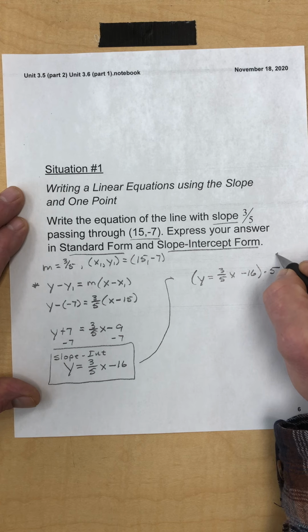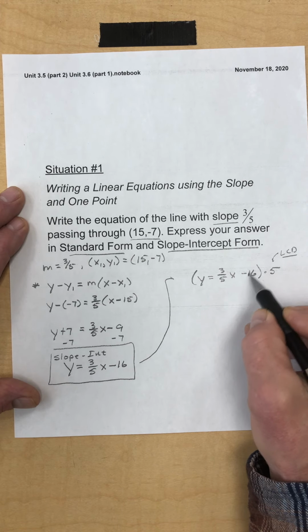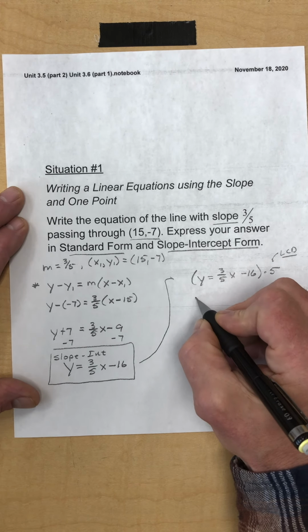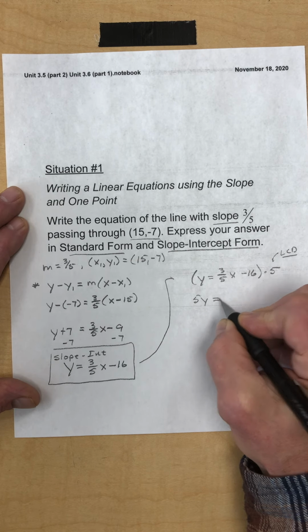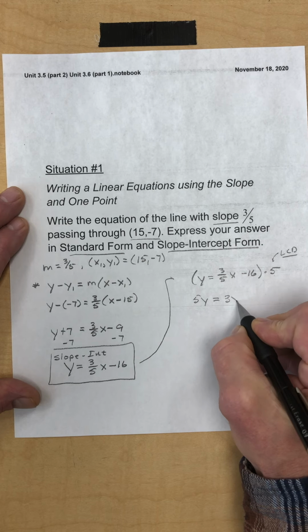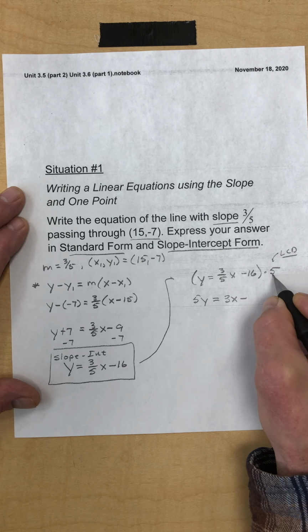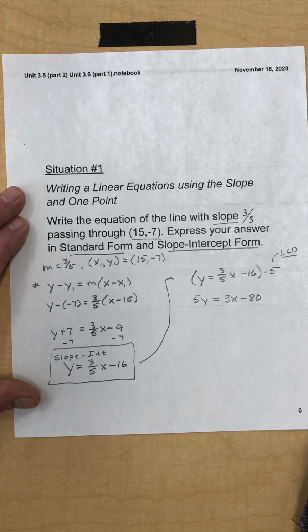That is your LCD, your least common denominator. So I get to distribute that 5 to everything inside. So I get 5y equals 5 times 3/5, which is just 3, so 3x minus 5 times 16, which is 80. Okay, so I got rid of all the fractions.